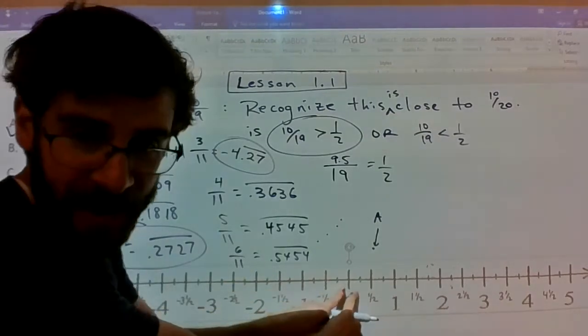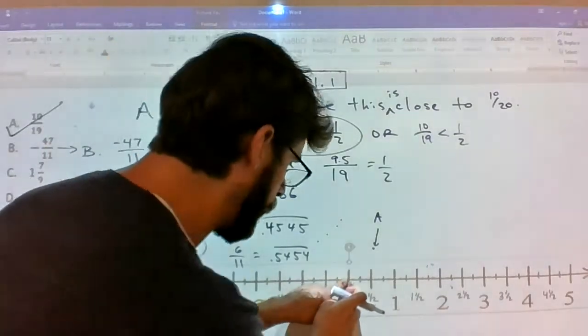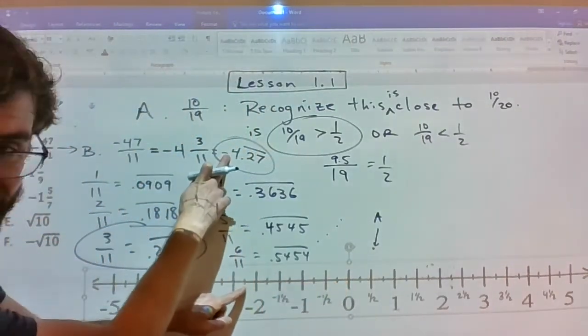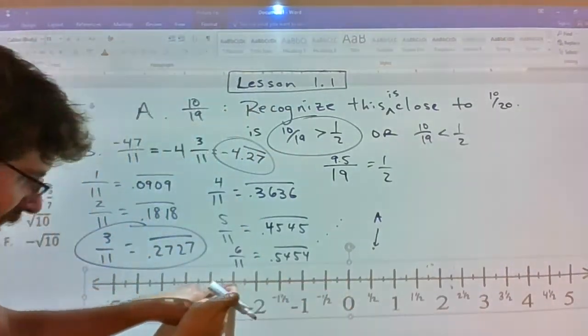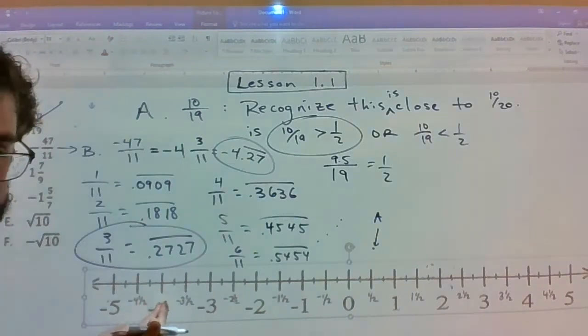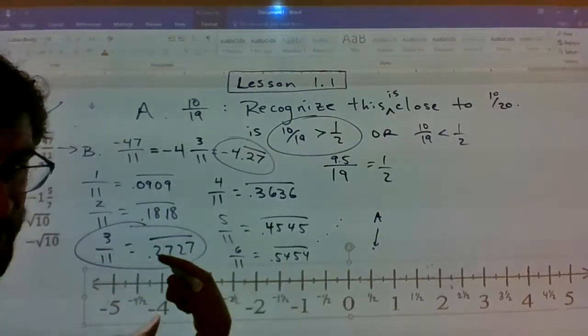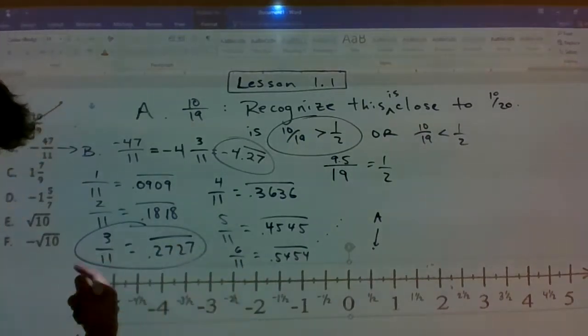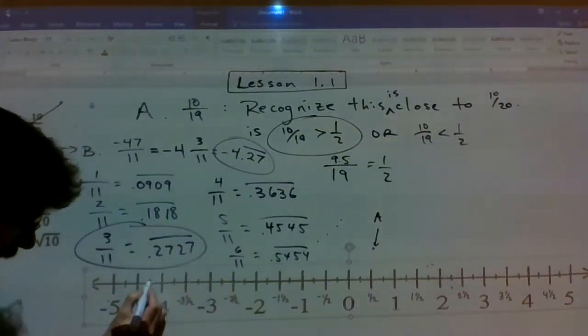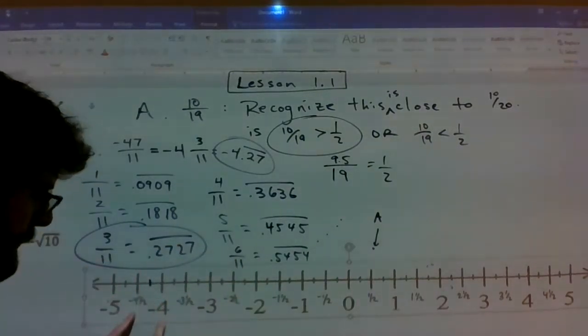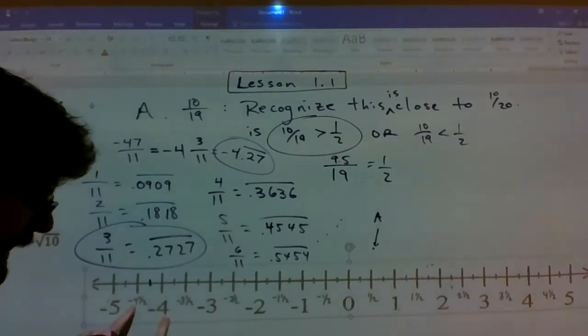So to plot that on a number line somewhere, I got to go all the way left, because we're talking negatives, all the way left to -4 on the number line. Okay, I'm at -4. Now I'm going 0.27 in the left direction. So what's this right here? Well, that's exactly smack dab in between -4 and -4.5.